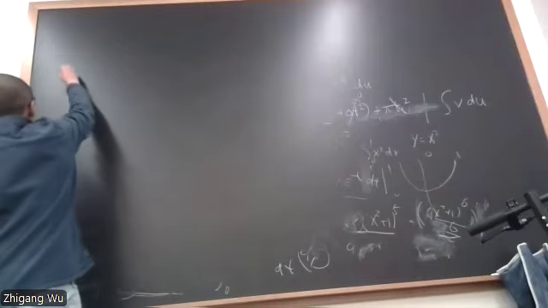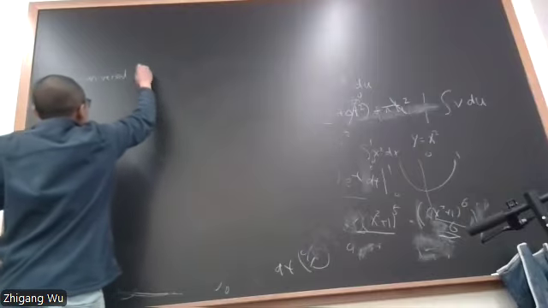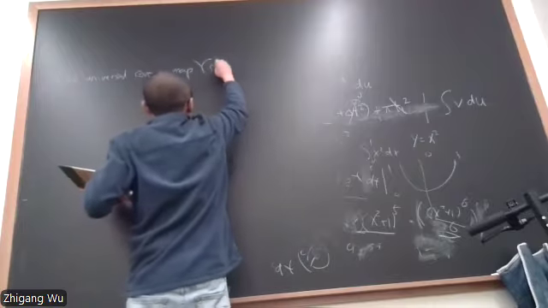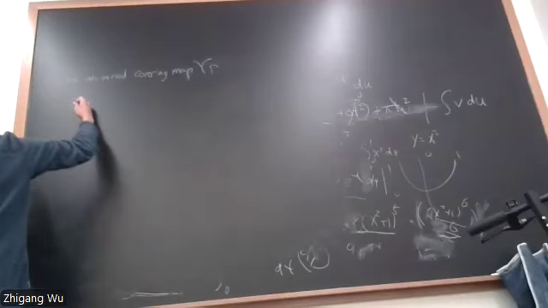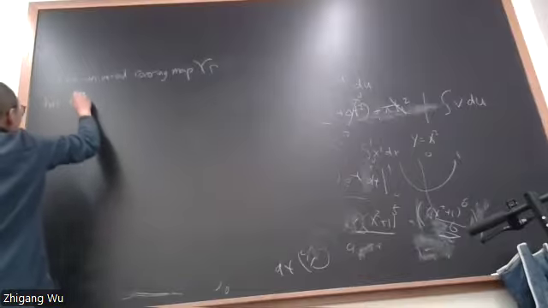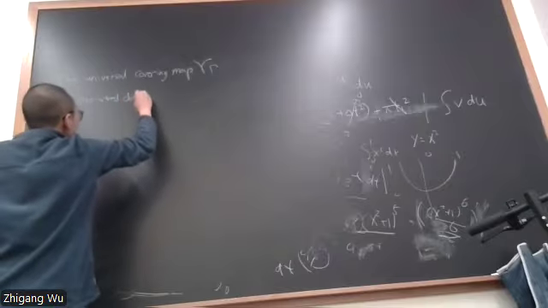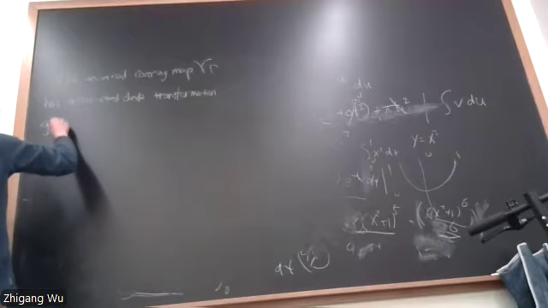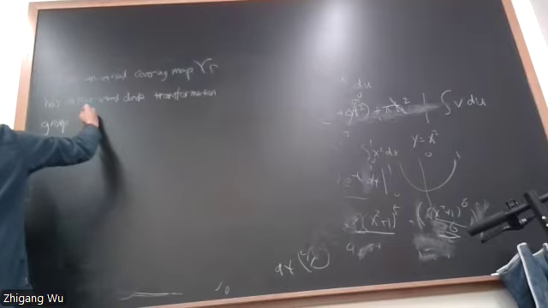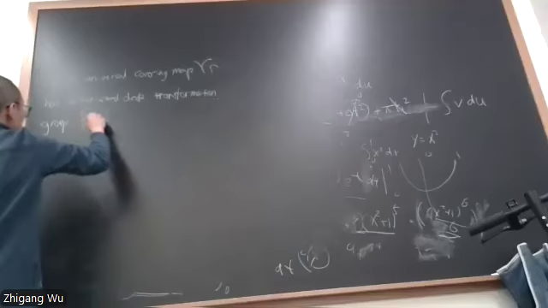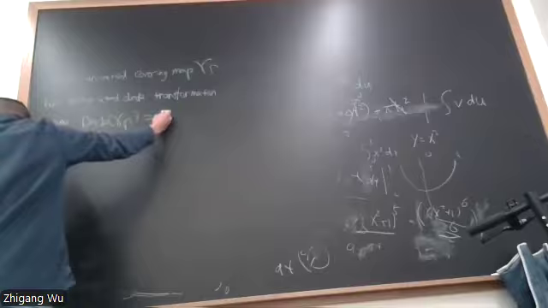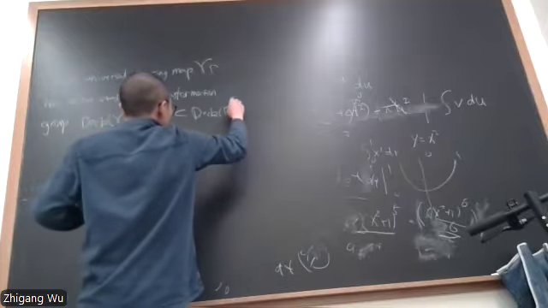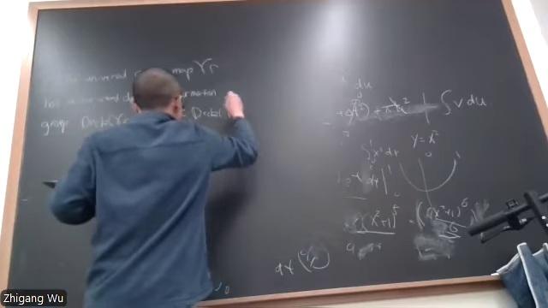Gamma has an associated deck transformation group, that is, gamma is contained in the deck transformation group of the covering map.